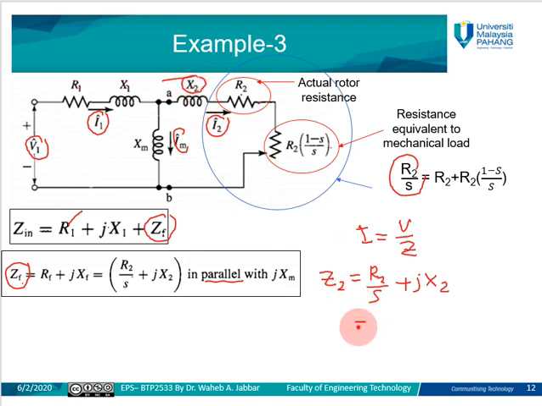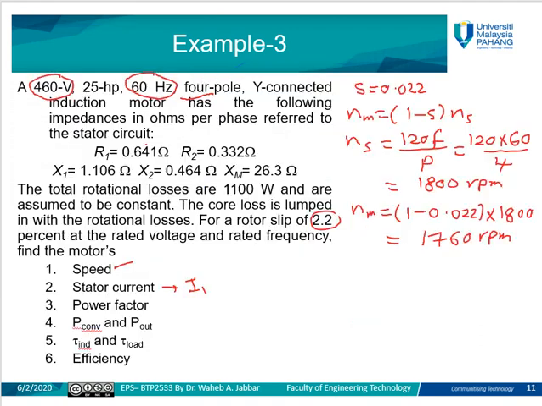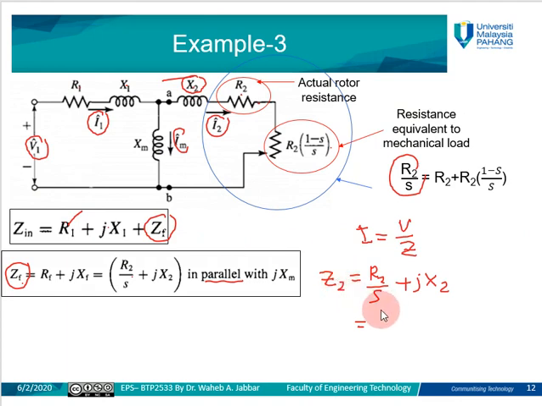R2 is given in our question here. He gave you R2 equal to 0.332 and X2 also is given, which is equal to 0.46. So we just need to substitute for the value of R2 and the value of X2.